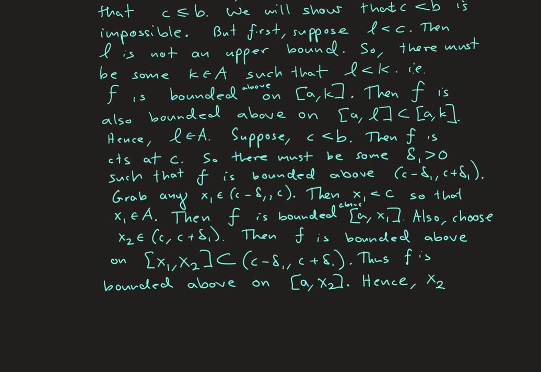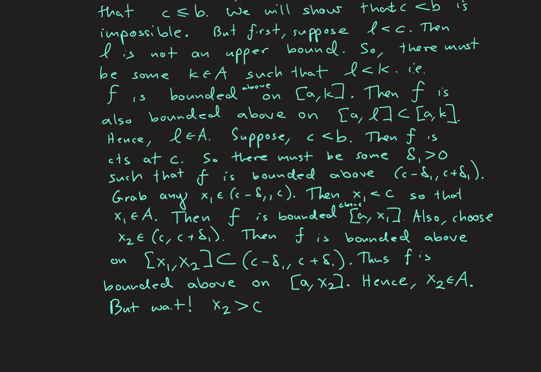I think what that says is, look, I have that F is bounded above on the interval from A to x sub 2, which means that x sub 2 is a member of A. Oh, but that's a big problem. Because x sub 2 is bigger than C.